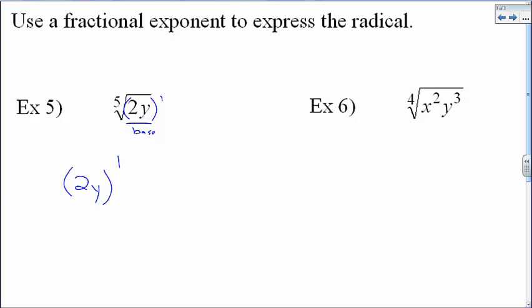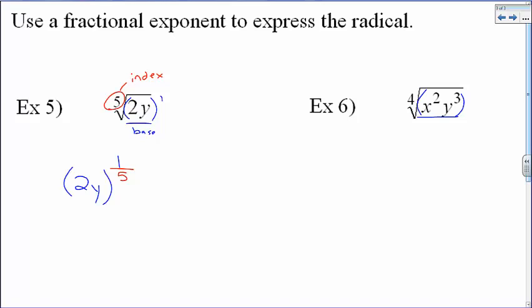Next, we look at the index of the radical and note that it is 5. What we can say is that the index is the same as the root of the fractional exponent. So we divide the power by the index and we get my base 2y raised to the 1 divided by 5. And that turns out to be my answer.